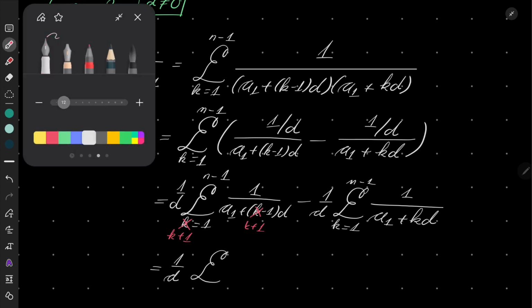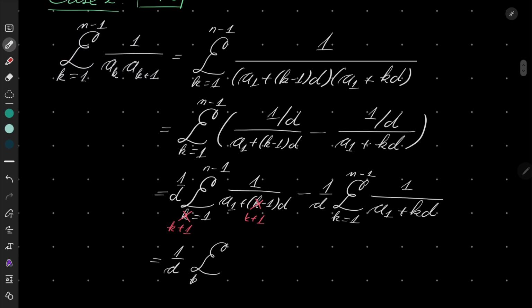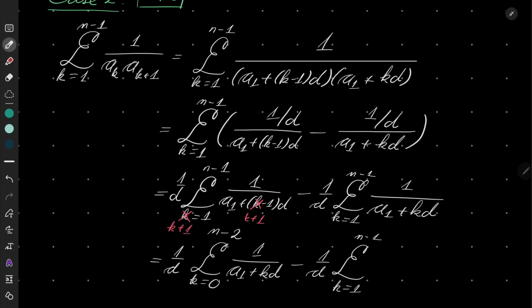And we will have a sum from k equals 0 to n minus 2 of 1 over a1 plus kd, minus 1 over d, sum from k equals 1 up to n minus 1 of 1 over a1 plus kd.